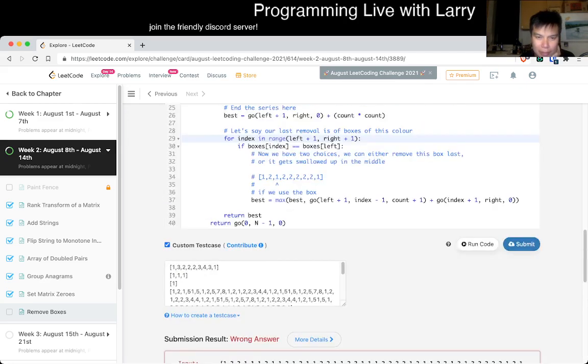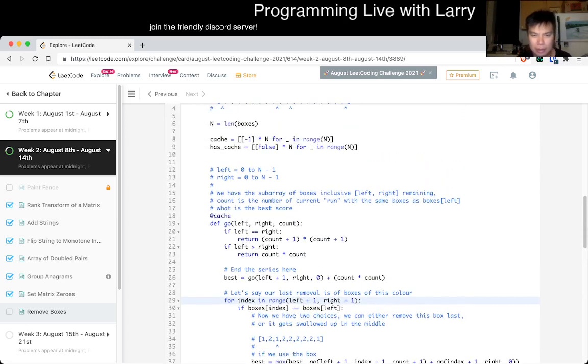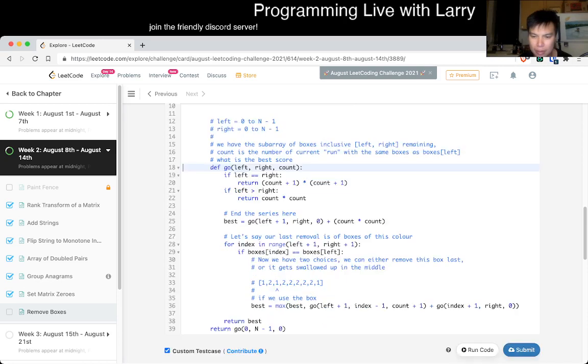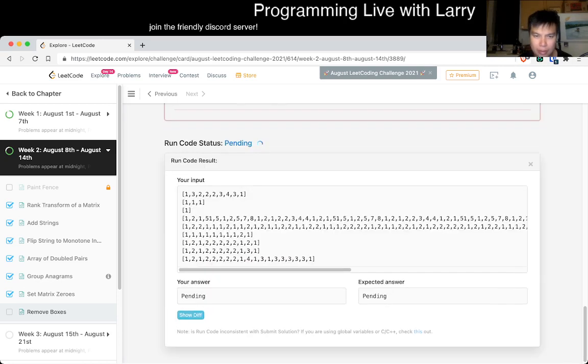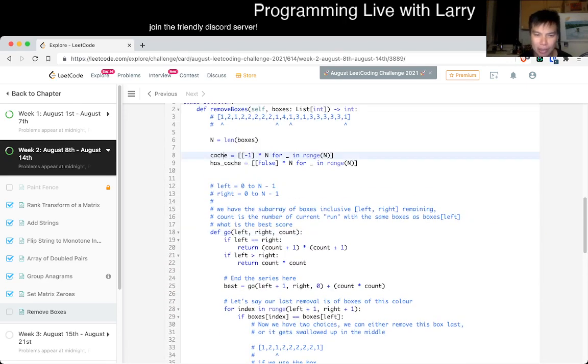What does that mean? I don't have a list object, do I? Oh, I see. Because I called this cache. Whoops. Okay, fine.